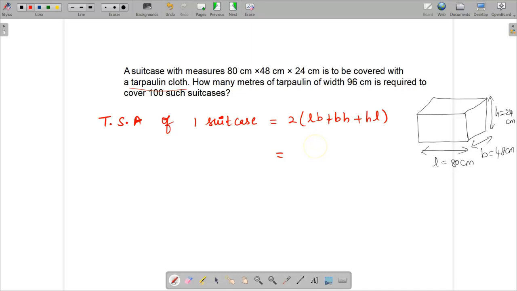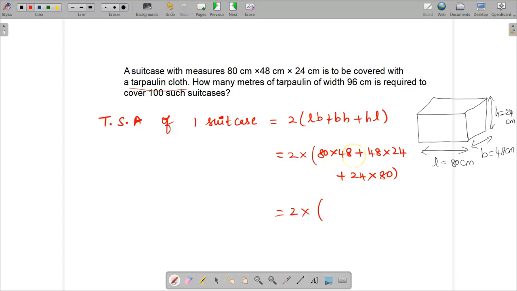Which is nothing but 2 into (80 into 48 plus 48 into 24 plus 24 into 80). Just substitute your values and then simplify the terms.